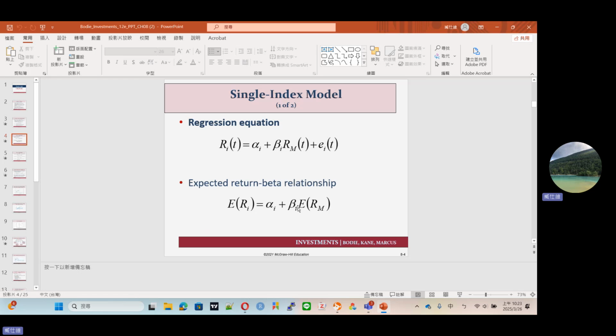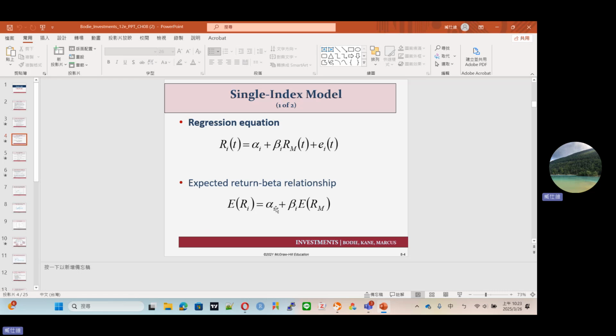From now on, and in the future, you probably will see more citations about the alpha and the beta. So what does alpha mean?